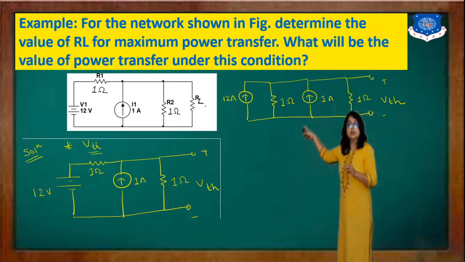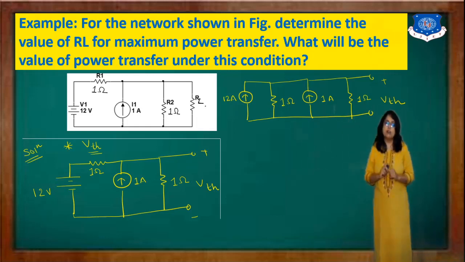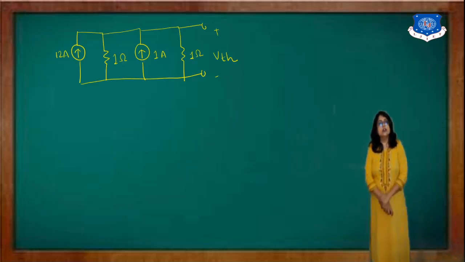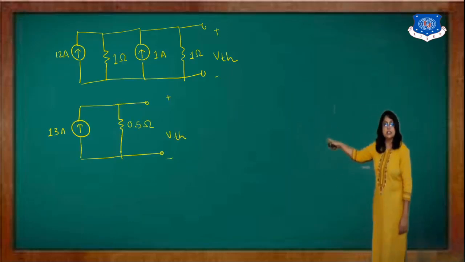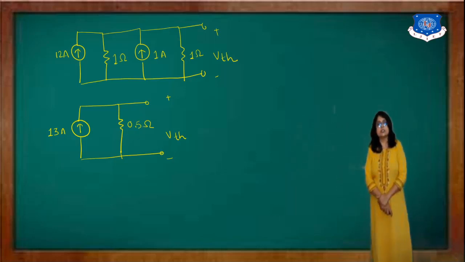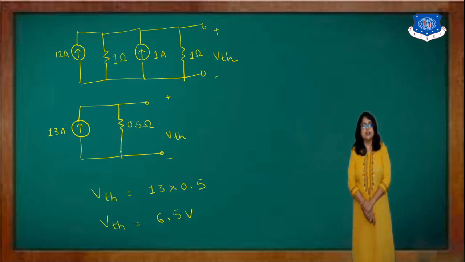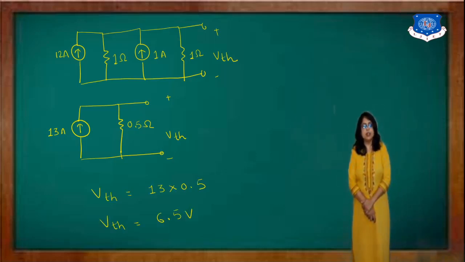And this 1 ohm and this 1 ohm resistance are connected in parallel. So this is the diagram. Then 12 plus 1 is 13 and this resistance is 0.5. Now VTH is simply current multiplied by resistance, 13 multiplied by 0.5, that is 6.5 volt.